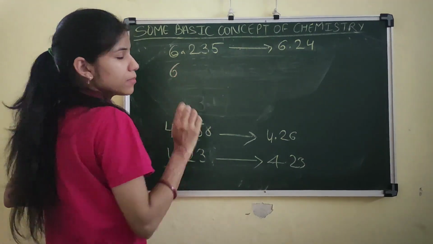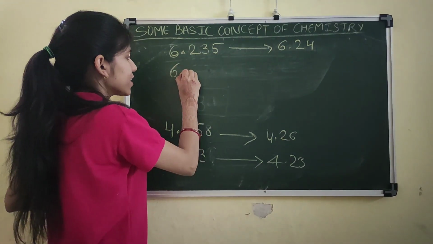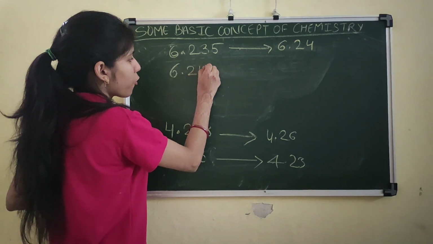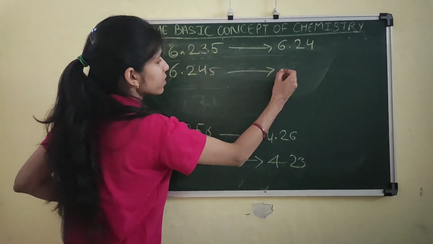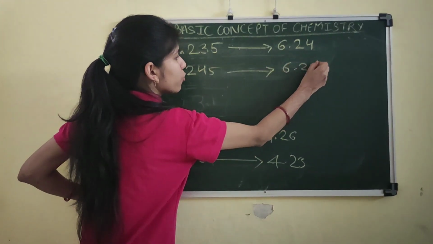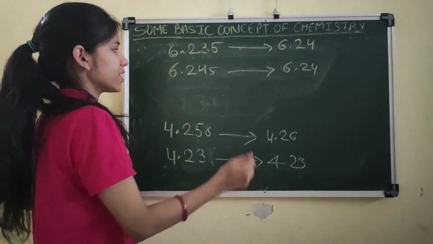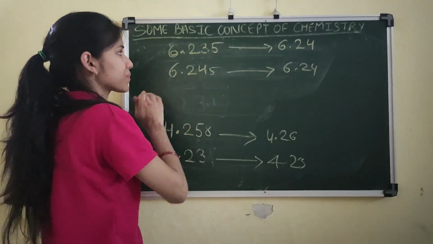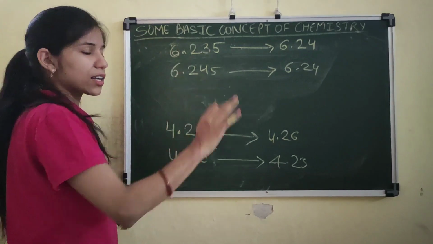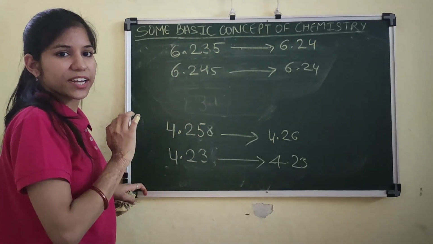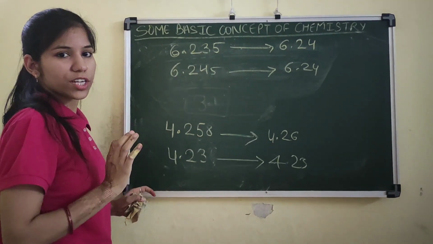And if the preceding number is even, like 6.245, the answer will be 6.24. So there is no addition to the previous number. So these are all the rules of significant figures and scientific notation.